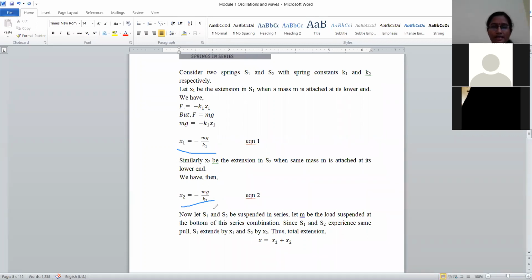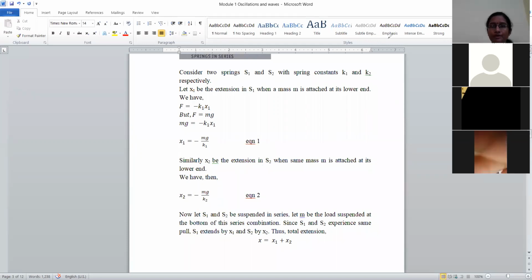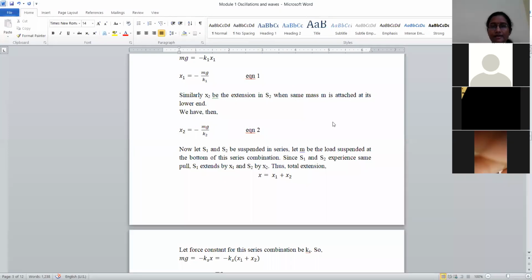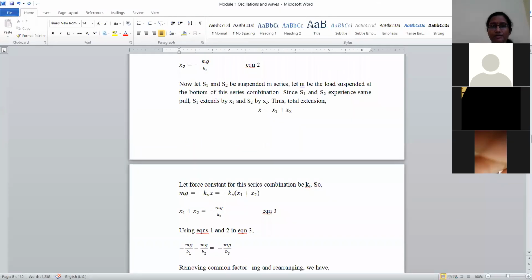Now these S1 and S2 are suspended in series. They are connected in series and then the mass is suspended. So what will be the displacement? The displacement X is equal to X1 plus X2. That is the addition of the two displacements.